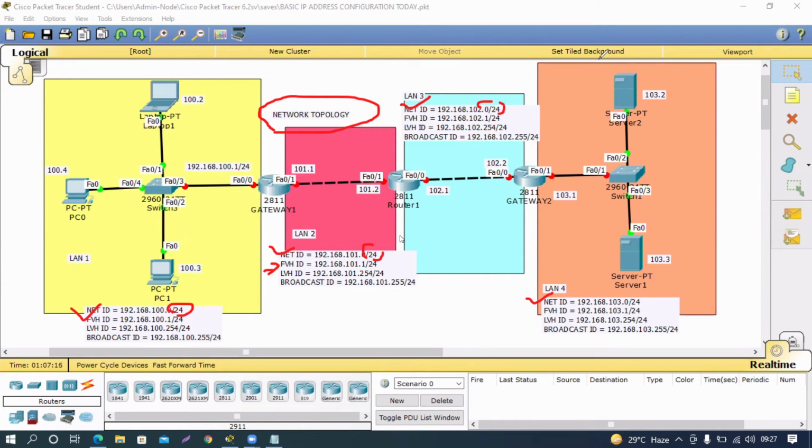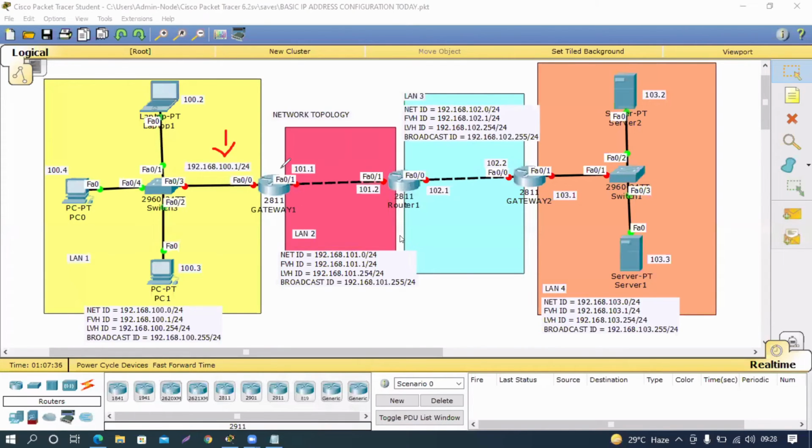These are the IP addresses we are providing. This is 100.2, 100.3. The actual address is 192.168.100.2, 192.168.100.3, 192.168.100.4, like that. Short form is this.